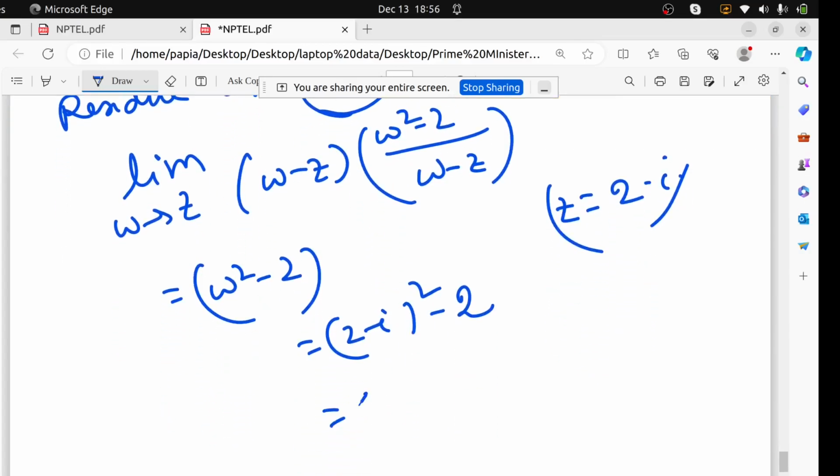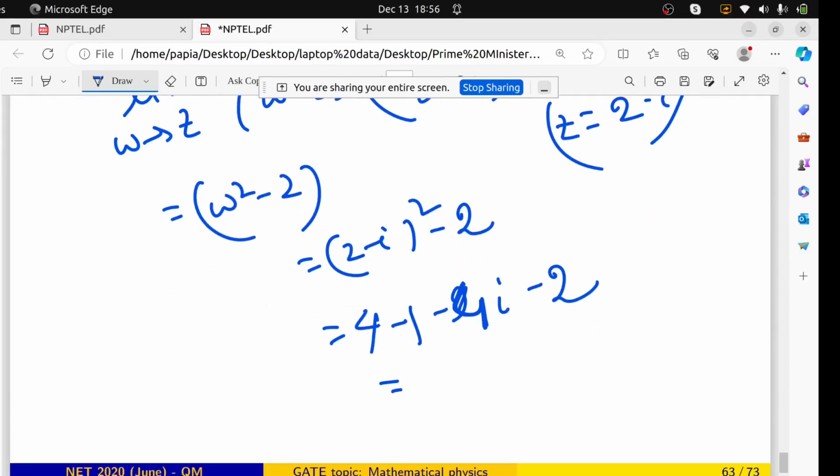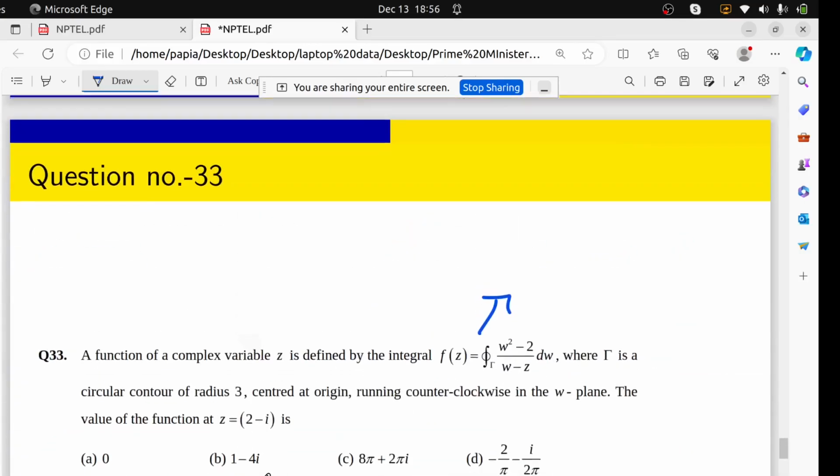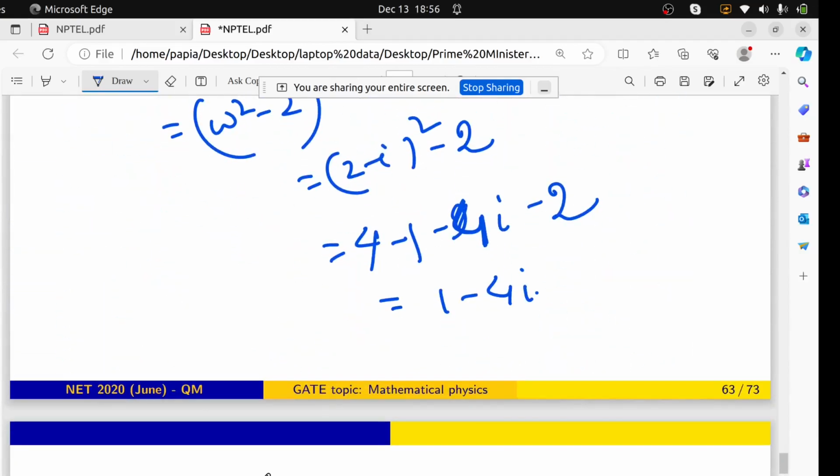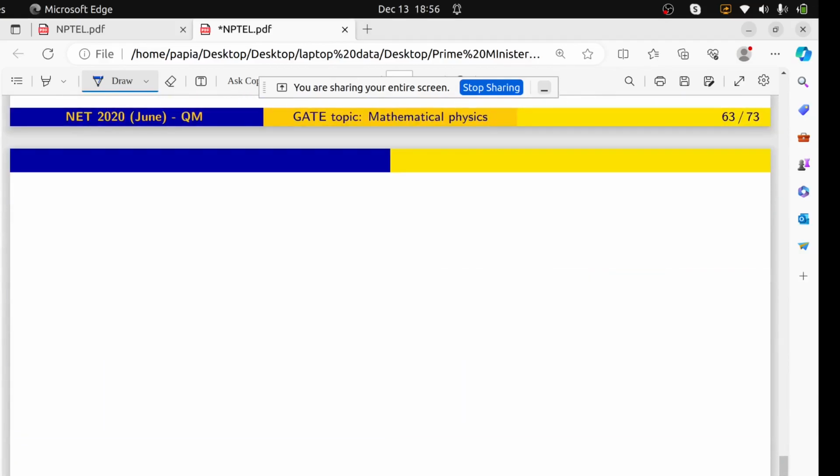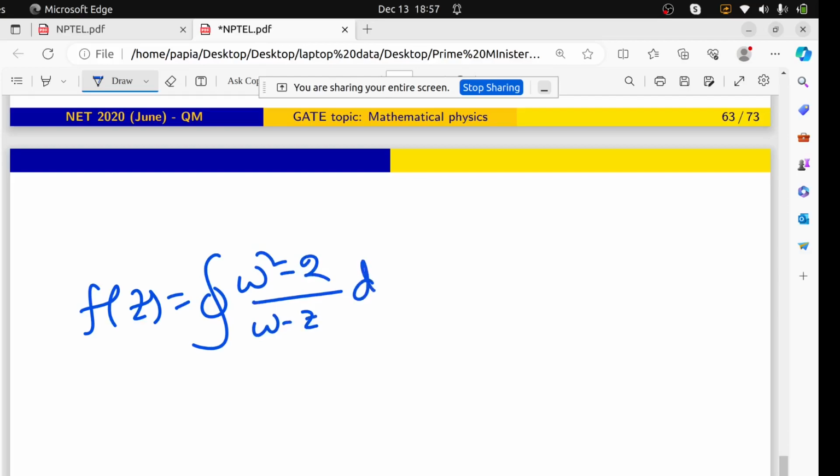So what will be the value? 4 minus 1 minus 4i minus 2. Then see here, 1 minus 4i. This is fine, but we have to multiply that one with 2 pi i, isn't it? Because f(z) will be 2 pi i into 1 minus 4i.